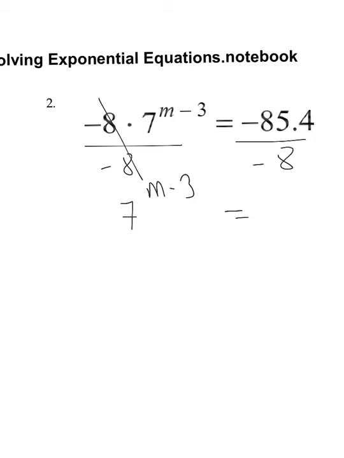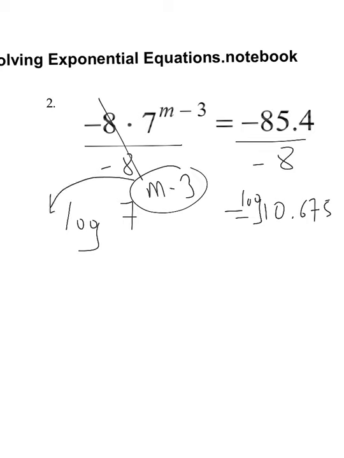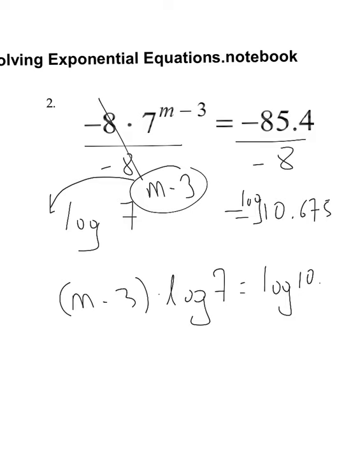So this will be 10.675. Now, the next step, every time I'm solving an exponential equation in this form, I will take log of both sides. And then the rule says the exponent goes in the front as a coefficient. So I get m minus 3 times log 7 equals log 10.675.